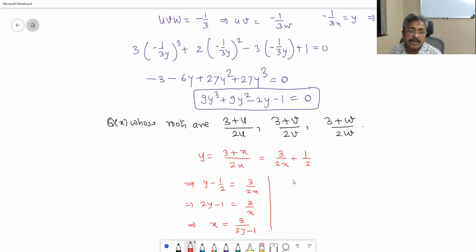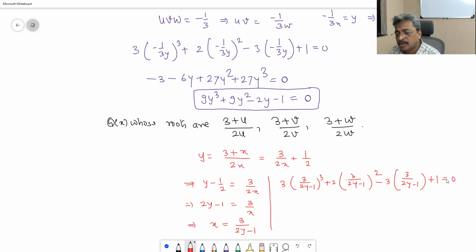Therefore my polynomial is going to be 3 into (3 upon 2y minus 1) bracket cube plus 2 into (3 upon 2y minus 1) bracket square minus 3 into (3 upon 2y minus 1) plus 1 is equal to 0. This is what is going to be my equation.